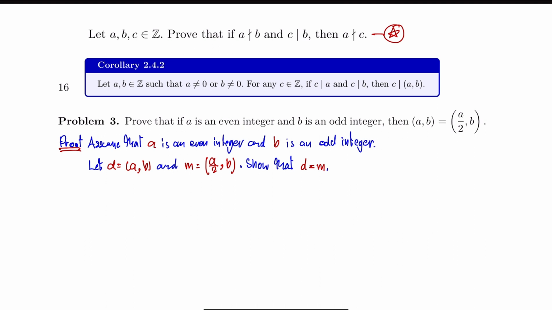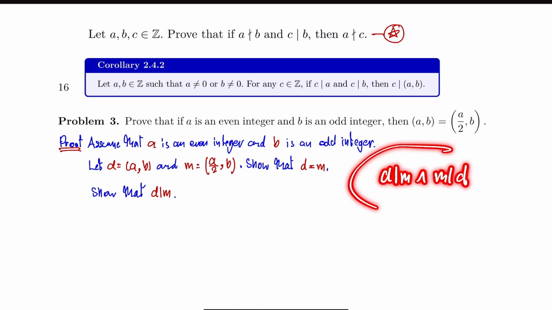So what can we do? The first thing I'm going to show is that d divides m. What I'm trying to show is that d divides m and m divides d. If you have this statement, it implies that d equals m.